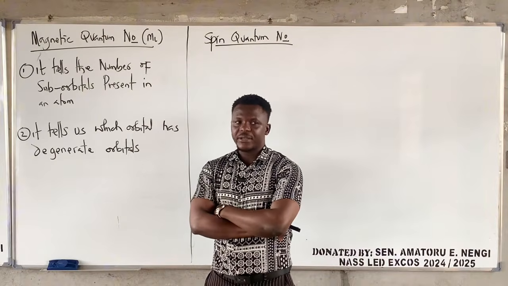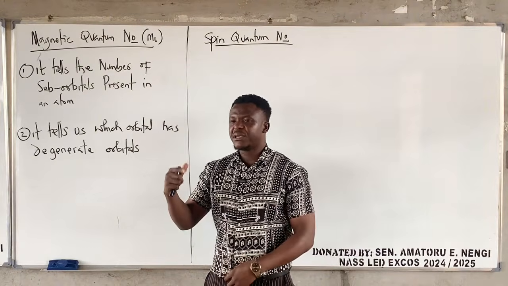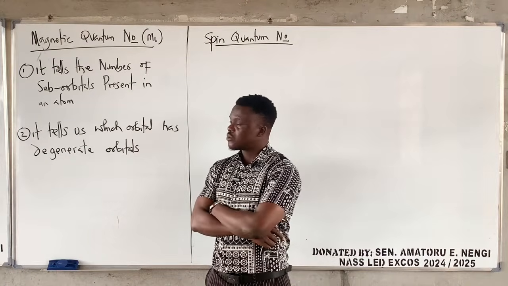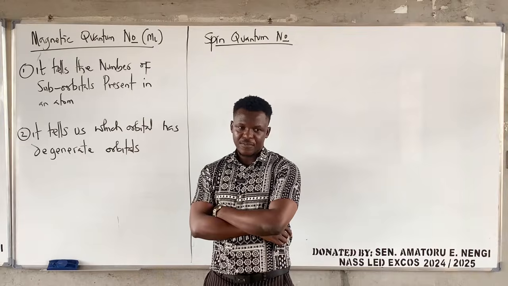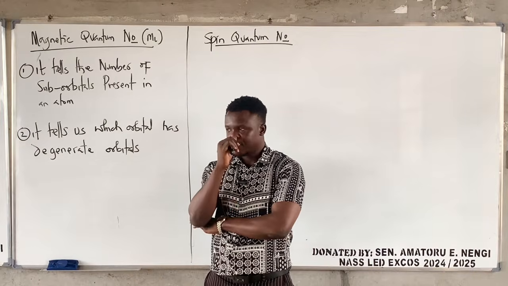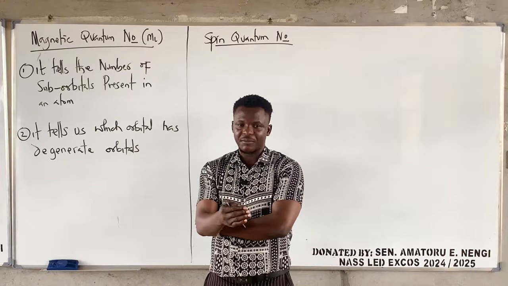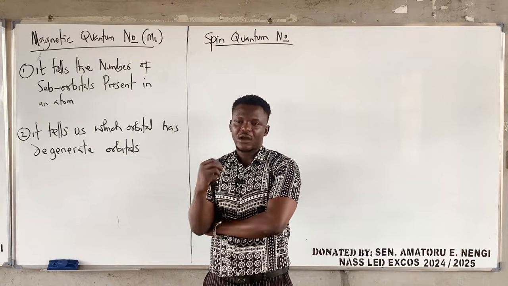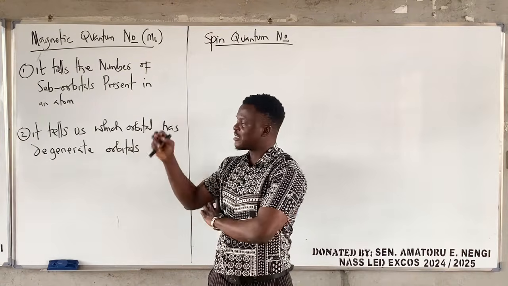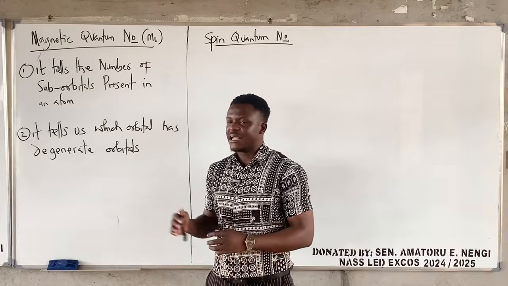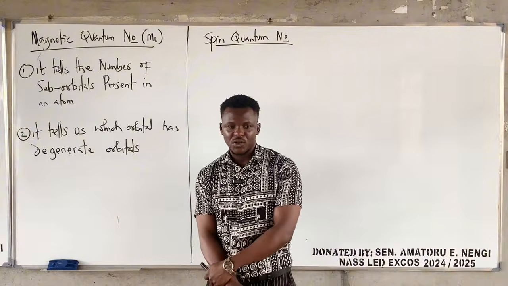When an orbital is spun in a magnetic field, it gives rise to the magnetic quantum number. Azimuthal gave rise to the orbitals. Azimuthal will tell us whether this is s orbital, p orbital, or d orbital. Now when you pick up each of those orbitals and spin it in a magnetic field, it will tell us if it can give rise to further orbitals or not.